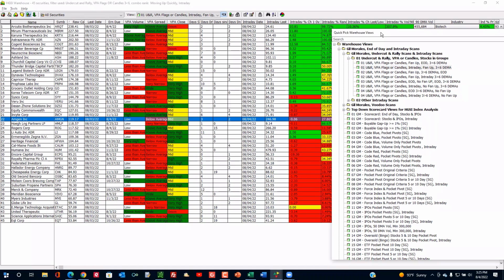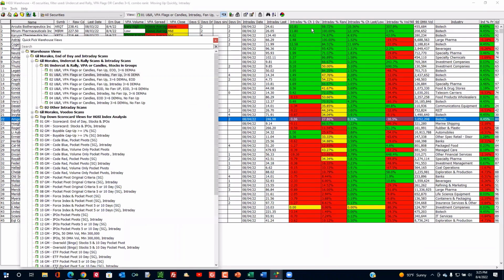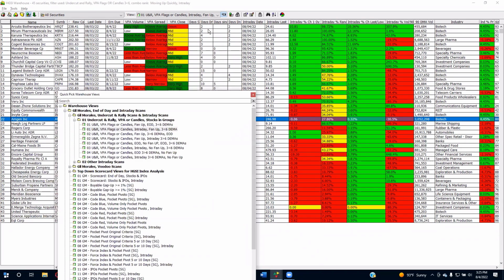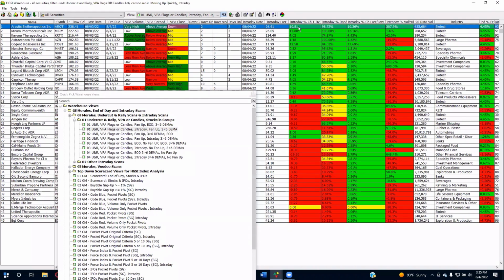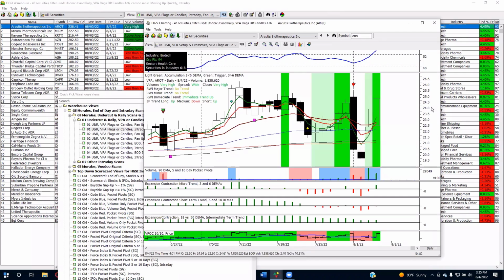So if I sort on raw combo, this tells me quickly which stocks pulled back yesterday, but you can see that they're negative here, both on the days down and for the 3 and the 6 and the VPOT, but it's up 10.81% today.